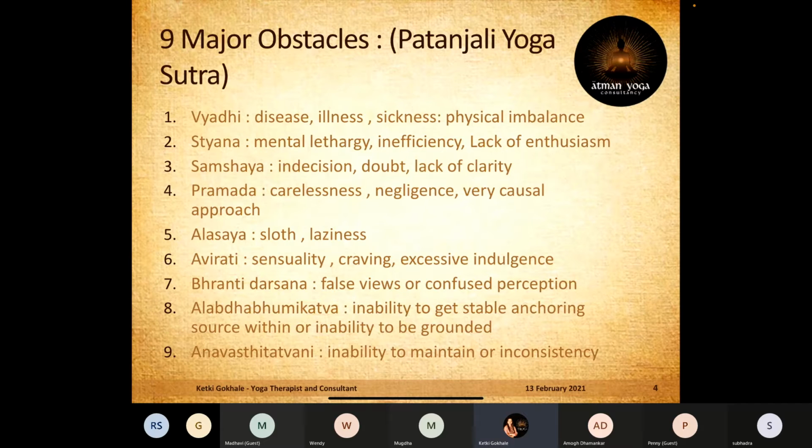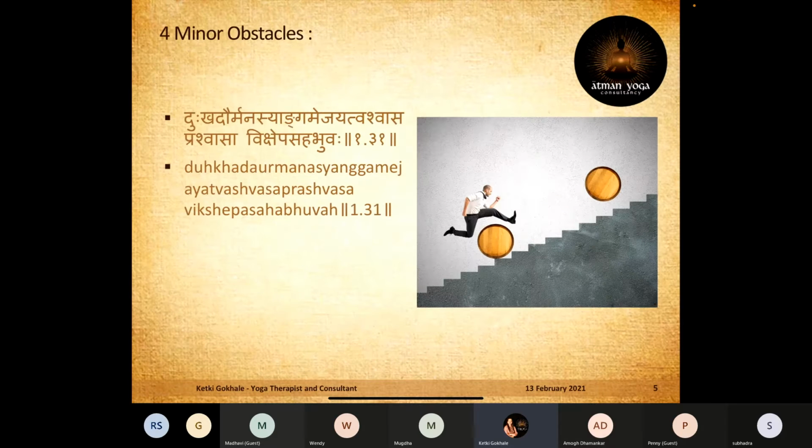As a result, intermittent and inconsistent effort keeps us fluttering, inhibiting our progress. These distractions or obstacles tend to band together. When one is active, it usually attracts other disturbances. So these are the nine major obstacles we might face on a daily basis in our lives.